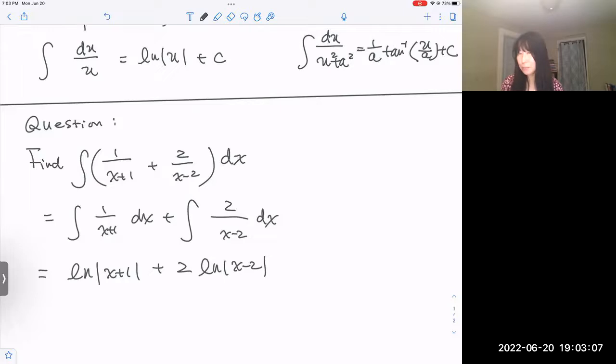Do you agree? Yes. Okay. Then for arctangent, in order to use it, we have to have x squared, right? We don't have that, correct? And we also have to have addition as well, right?